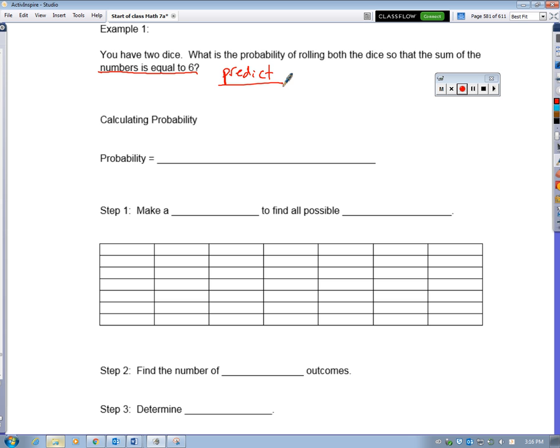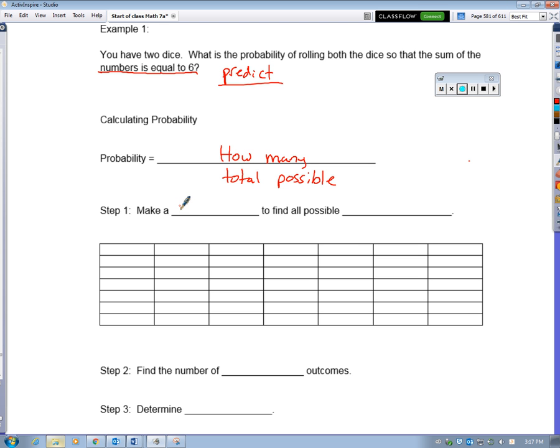So we're still going to calculate probability. So remember, probability is how many of something on top of the fraction over the total possible. So that's what we're going to find out. We're going to find out how many, and we're going to find out the total possible so that we can answer this question. Step number 1.